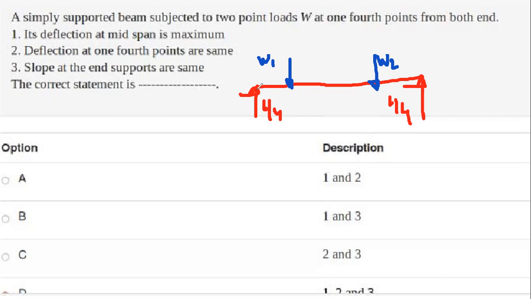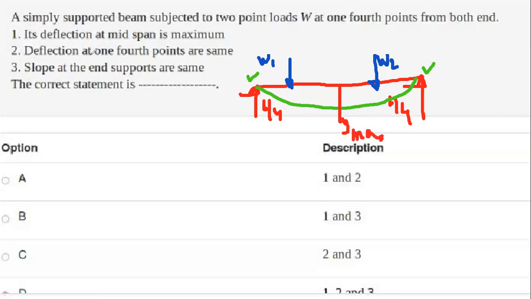In this particular case, they have given that the deflection at midspan is maximum. If you draw the deflected shape of this simply supported beam, it will be somewhat like this. Now what point we have to remember? This particular loading condition for a simply supported beam is a symmetrical loading condition. A simply supported beam with symmetrical loading will have maximum deflection at the center, at L by 2.